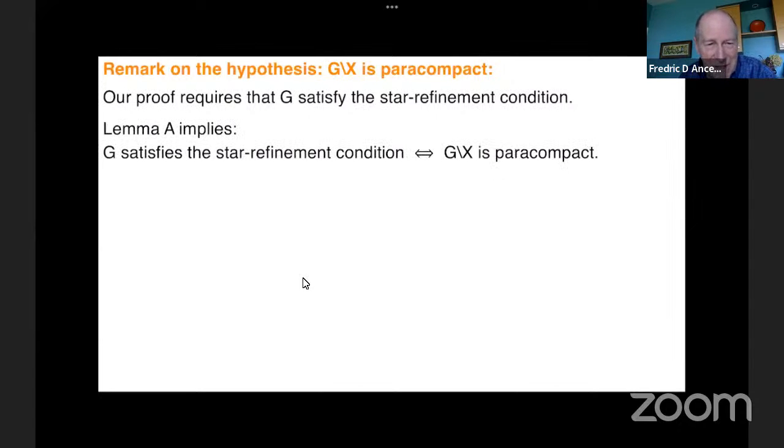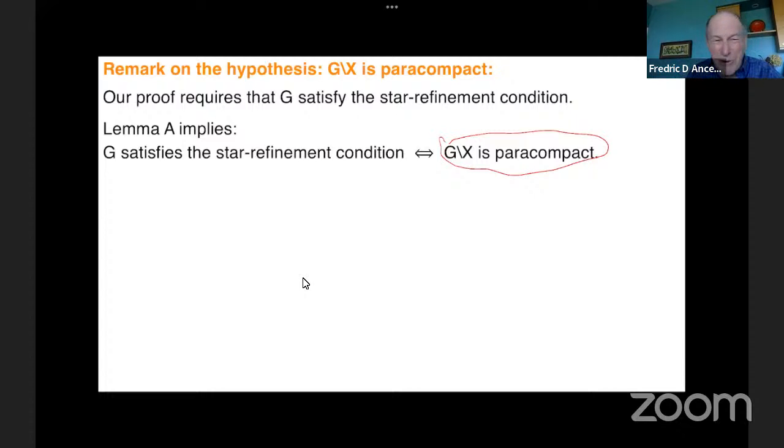So Lemma A says that the G-invariant orbit space being paracompact not only allows me to do the proof, it allows me to star refine or find G-invariant star refinements, but it's equivalent to that condition. So in a sense, this paracompactness hypothesis is in there because it allows me to do the proof, and that's exactly why it's in there.